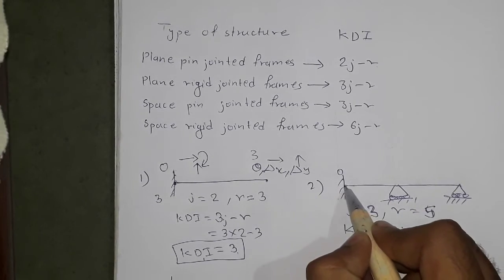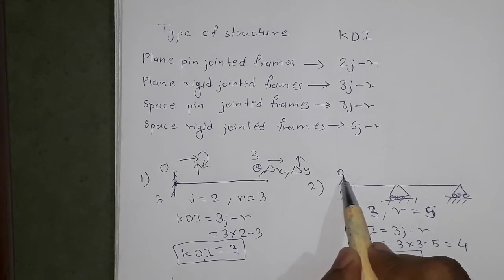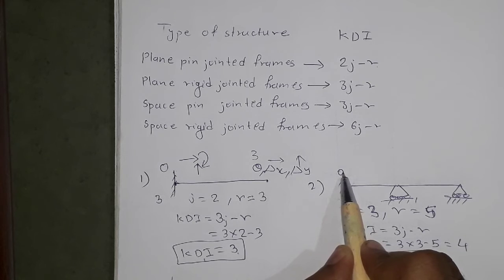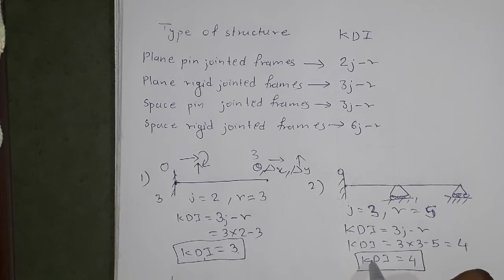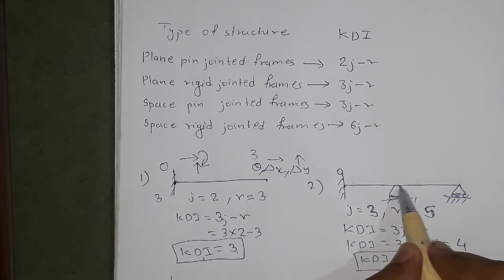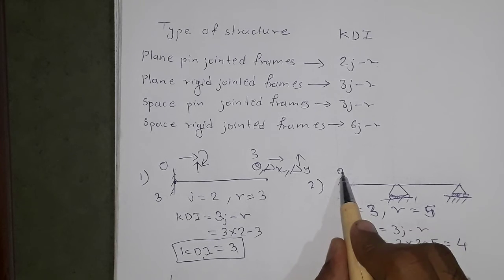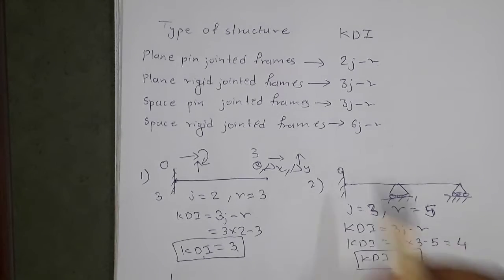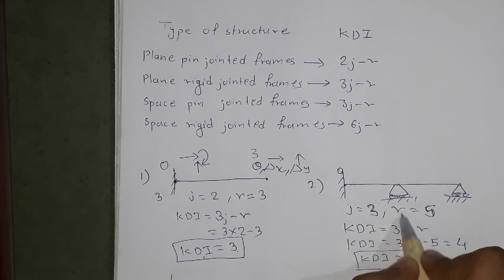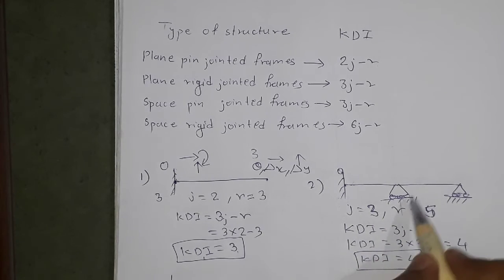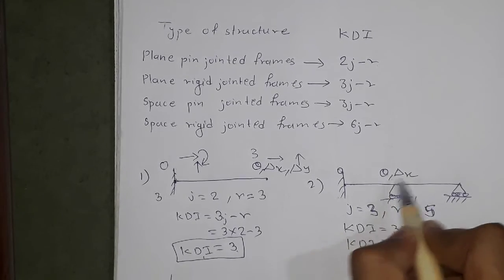So here it will be equal to 0 as movement is resisted, that is theta will be equal to 0, horizontal displacement will be resisted, vertical displacement will also be resisted. So here it will be 0. Number of displacement components will be equal to 0 at fixed support. At roller support it will be 2. The vertical displacement perpendicular to the direction of roller will be resisted, so rotation will be allowed, and horizontal displacement will be allowed.